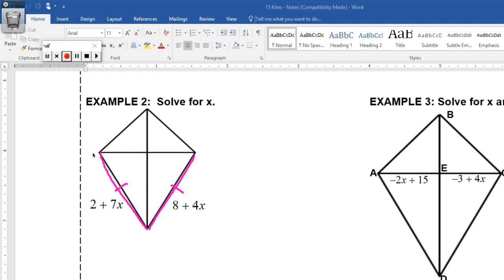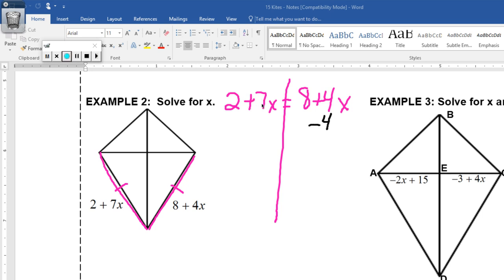So to solve for x, we're going to do 2 plus 7x equals 8 plus 4x. And we're going to solve for x. We're going to move the 4x, so we're going to do minus 4x on both sides. So that's going to leave you guys with 8 on this side.